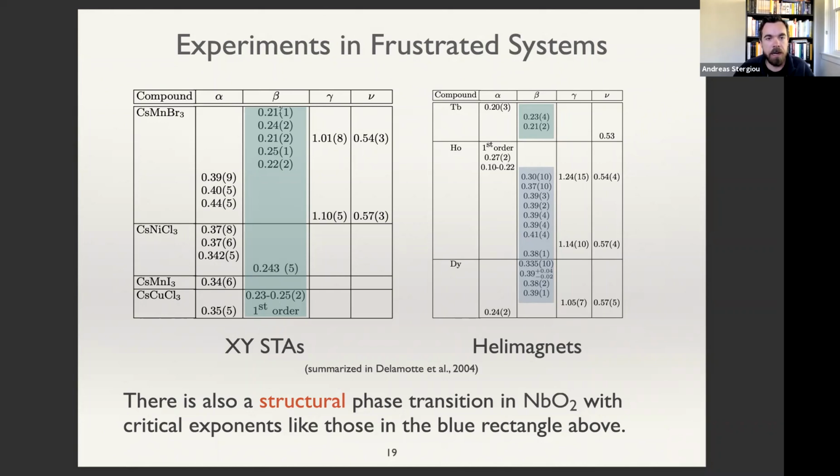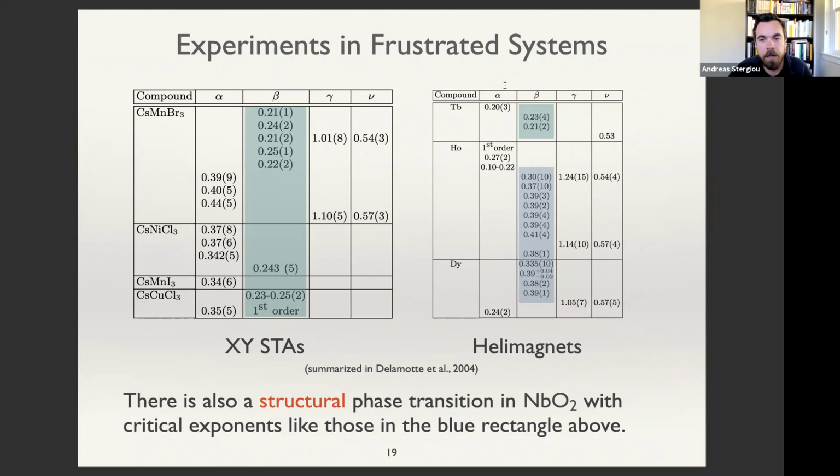They measured critical exponents in various, these are different experiments, for these compounds. They measured terbium, which is a helimagnet. So there is a paramagnetic to helimagnetic phase transition in terbium. They found these numbers. But then they measured holmium and dysprosium, and they found these numbers over here.